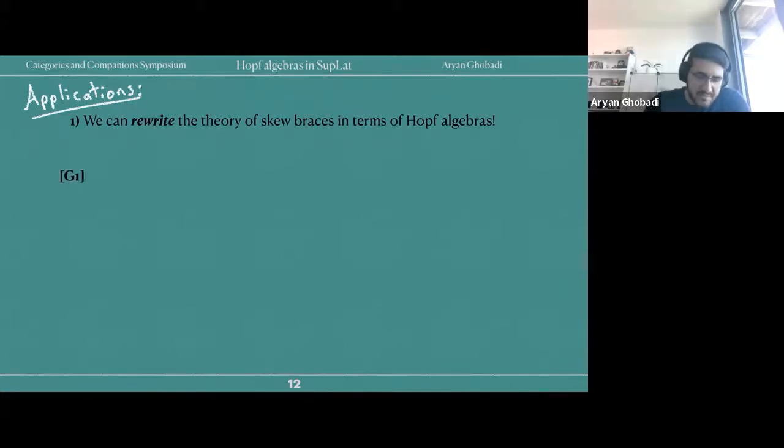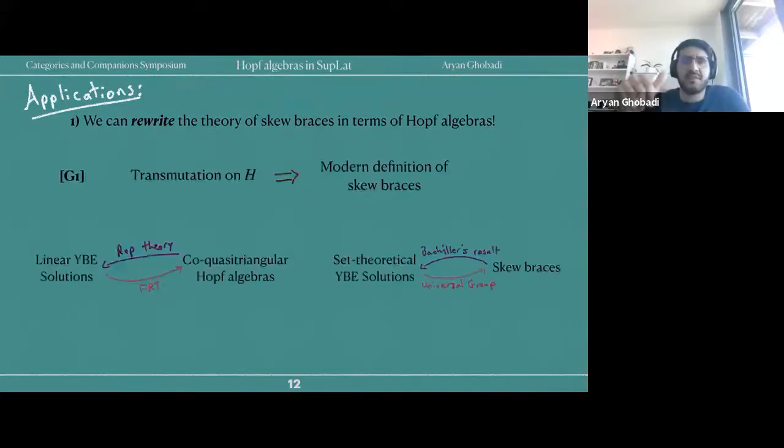In particular, the modern theory of skew braces tells you this is a set with two group structures, and this is equivalent to a group with a braiding operator. That really pops up from this Hopf algebraic point of view from transmutation, which appeared in the work of Majid, that any co-quasi-triangular Hopf algebra in any braided category has a second product on it. And that second product in skew braces is really the projection of this larger second product.